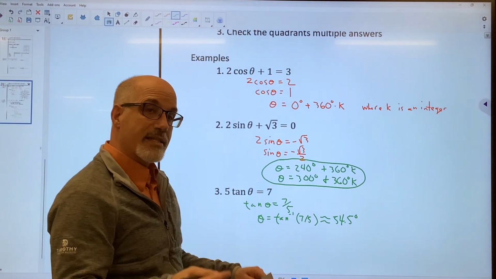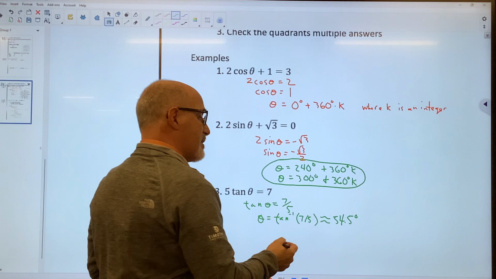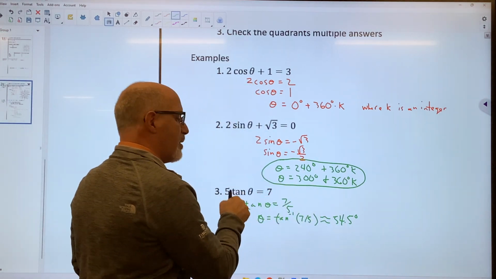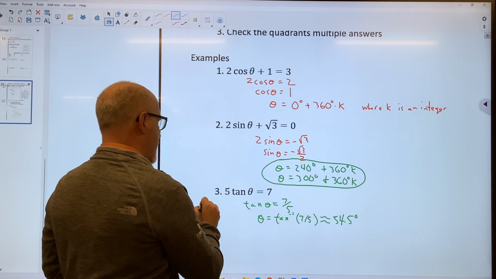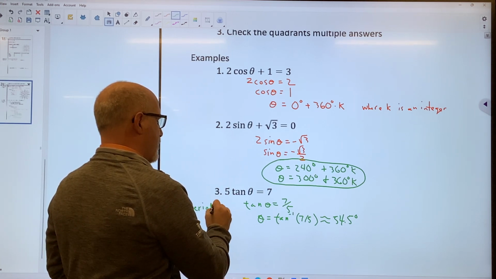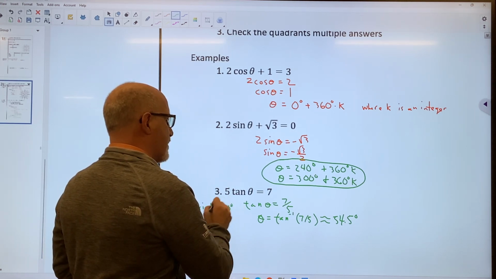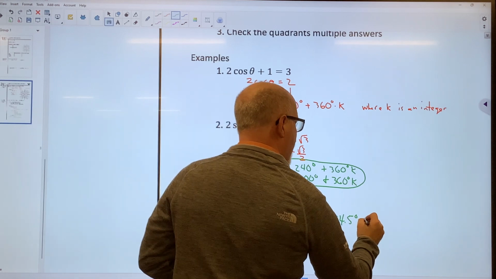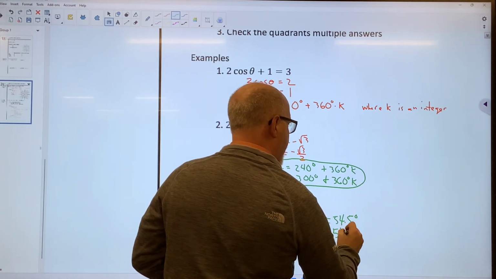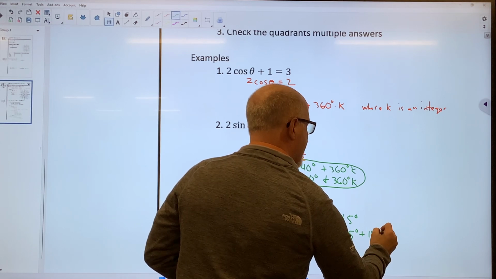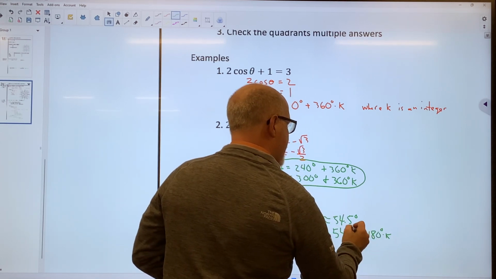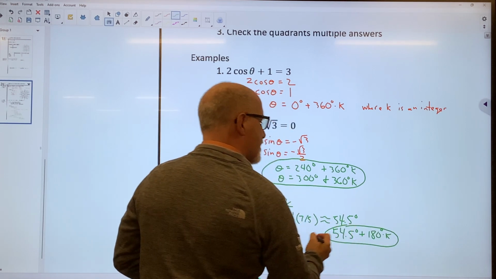You're going to want to say 360, but you're going to miss something with that because the period of tangent is 180. So since the period of tangent and cotangent is 180 degrees, this one we're going to add on 54.5 degrees plus 180 degrees times k, because its period is smaller.